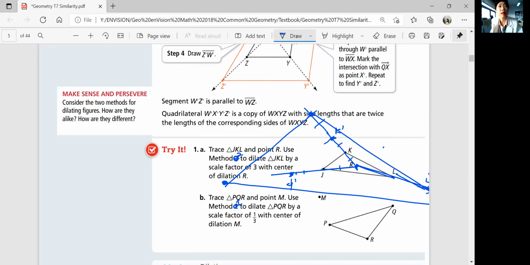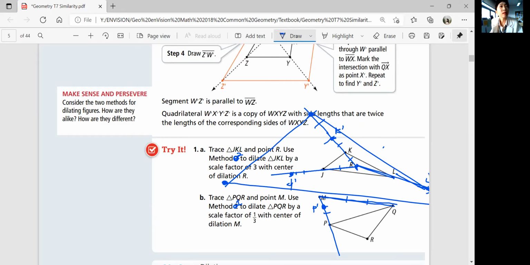Okay, part B. Trace PQR and point M, and then you're going to use method 1 to dilate triangle PQR by a scale factor of 1/3. So then you measure the distance from M to P and then divide it by 3. And now that's your new P prime. And then M to Q. Okay, this is method 1.